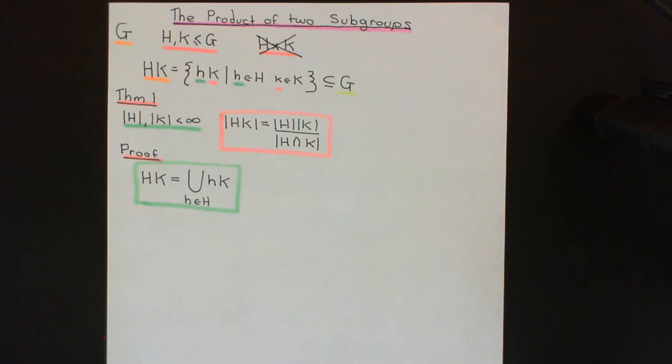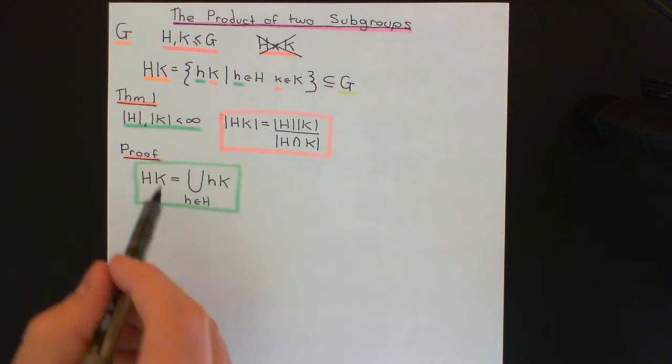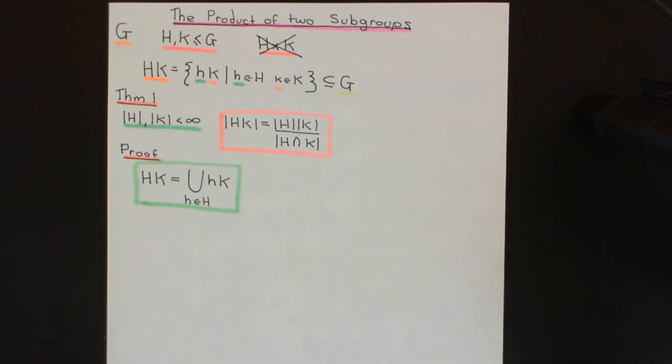And of course what we will overall end up with is the set containing all elements of the form an element of capital H composed with an element of capital K. So truly, this is a way that you could construct the product of H and K, and it's a useful first insight into the product of these two subgroups H and K: what you're just going to have to do here is union together lots of cosets of K, all cosets of K in fact, that contain an element of H.